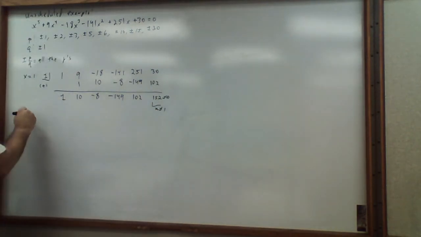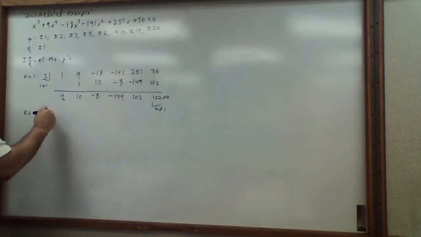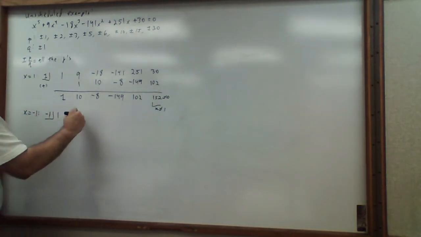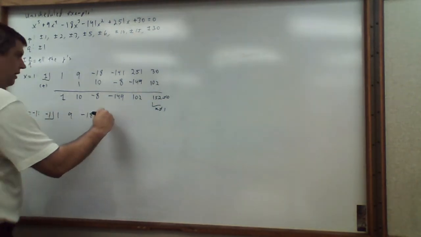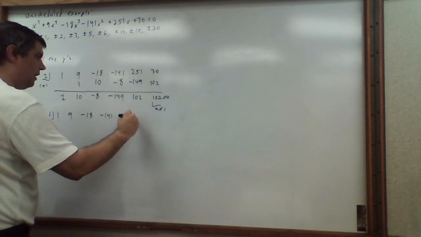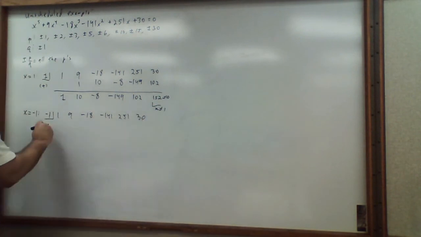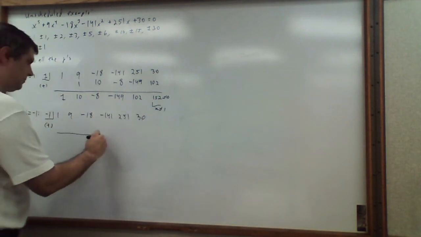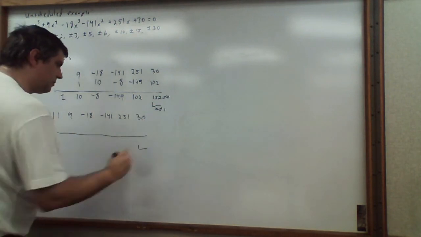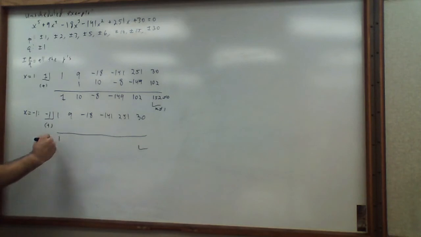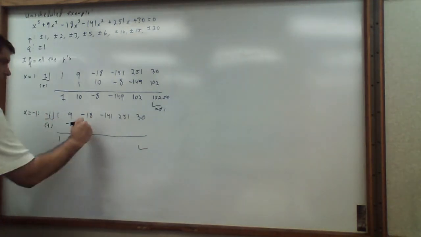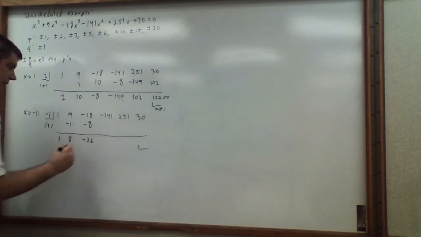Now let's try x equals negative 1. So we got negative 1, 1, 9, negative 18, negative 141, 251, and 30. Okay, I'm going to repeat the process. So that brings me down my 1. 1 times negative 1 is negative 1. That's 8. Negative 1 times 8 is negative 8. That's negative 26.